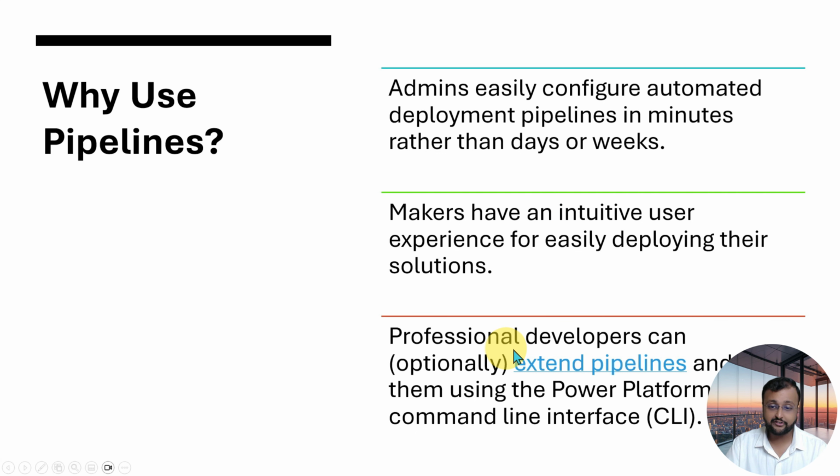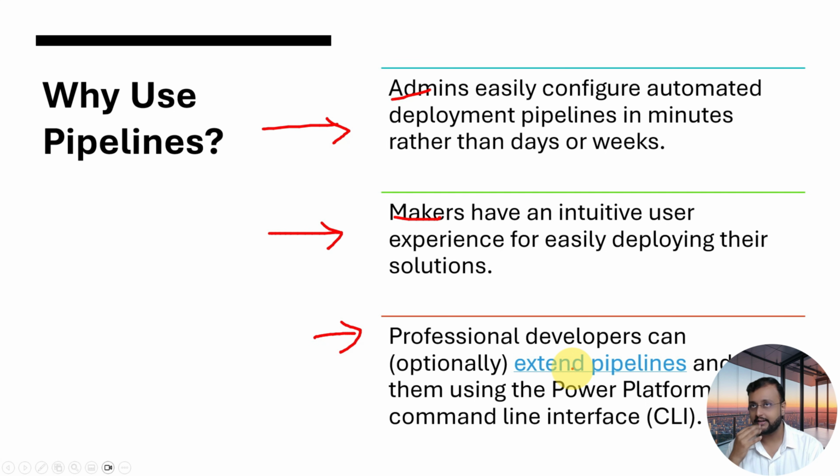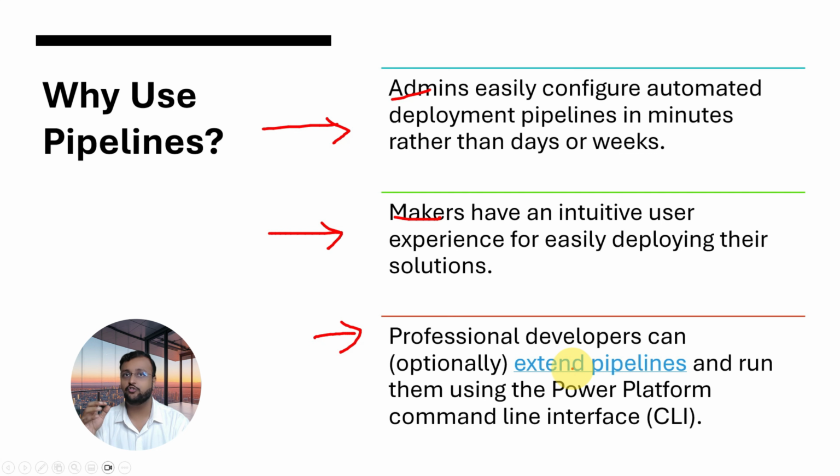Again, professional developers. These are two easy things we talked about, the admin perspective and the maker perspective. But let's say you are a pro code person, or maybe a professional developer, and you want to extend this pipeline, right? What do I mean by extension? Extension means you want to add some more additional steps, you want to include some approval processes, you want to add some pre-deployment stages before you deploy your pipeline, right?